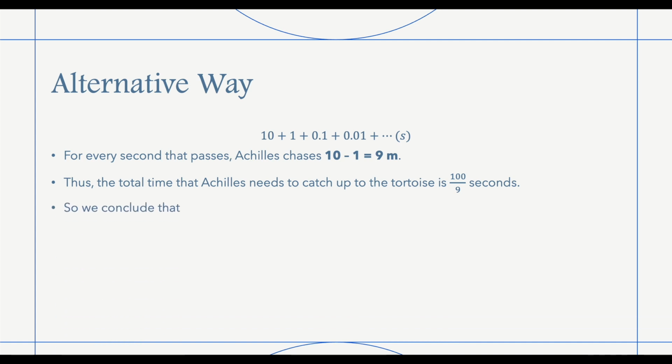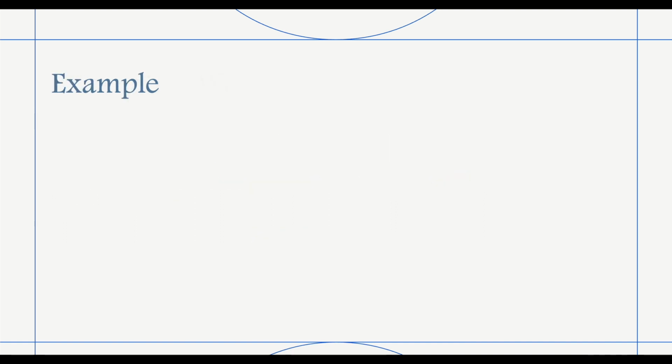And so we can conclude that this infinite geometric series, 10 plus 1 plus 0.1 plus 0.01 plus so on and so forth, going on infinitely, is equal to 100 over 9.